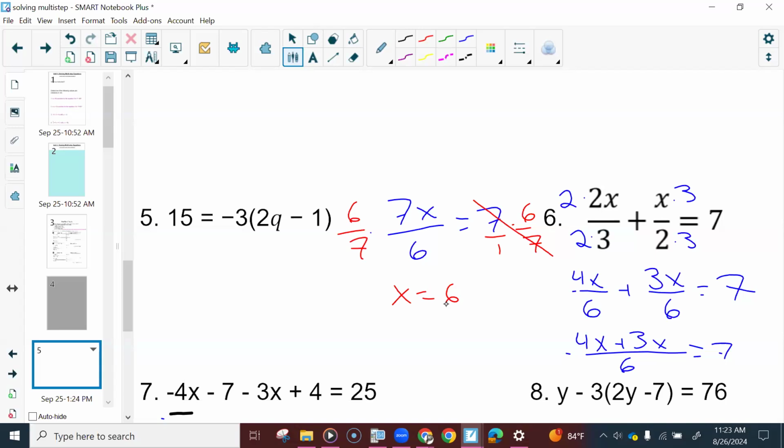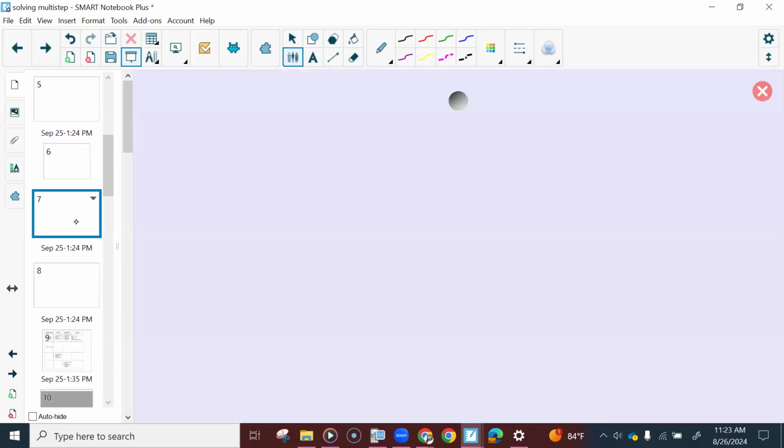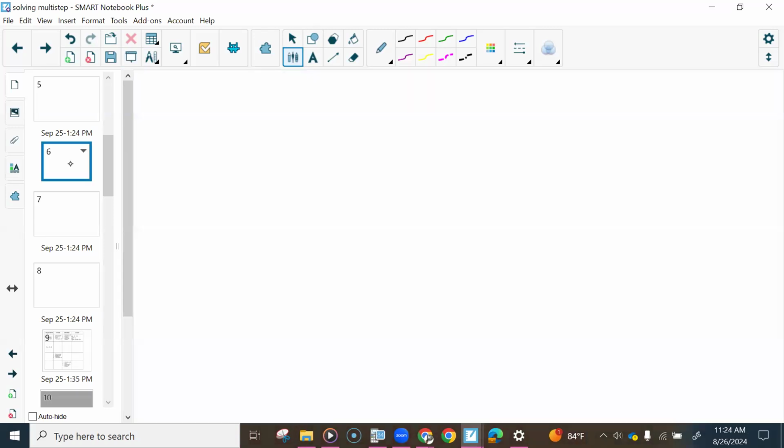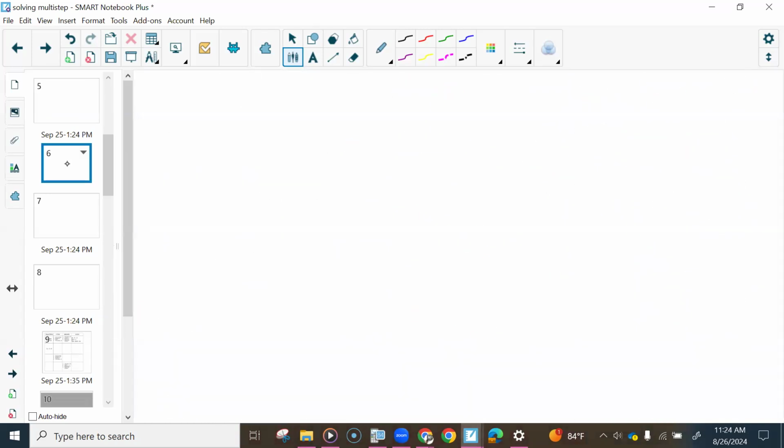Right, so we're gonna move on to the next part. Figure out which page this is. That's the nitrogen one.